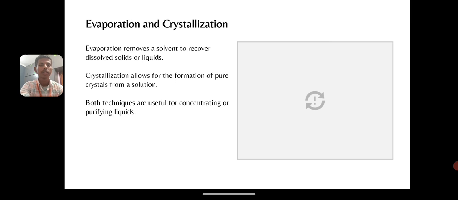Crystallization is the process where, after evaporation is done, pure crystals form on cooling. This gives a highly pure solid, often better than simple evaporation. These are slow processes but are very useful in chemical laboratories. Both techniques are useful for concentrating or purifying liquids.